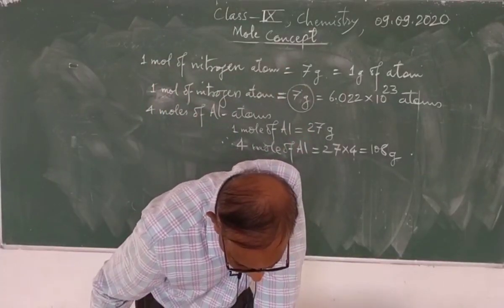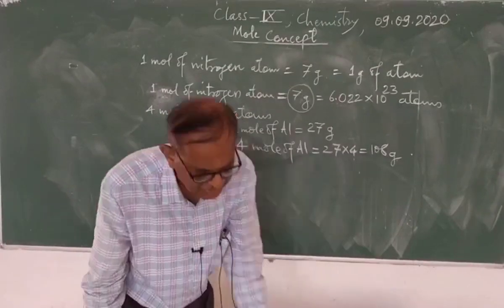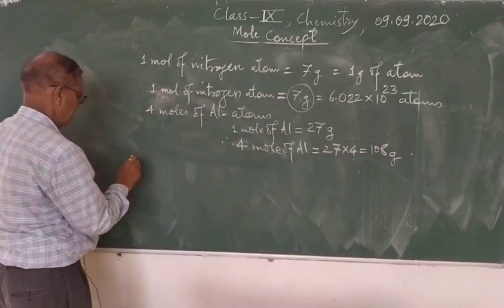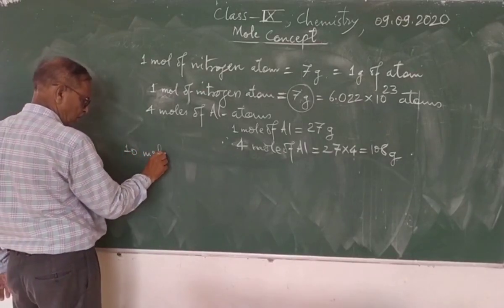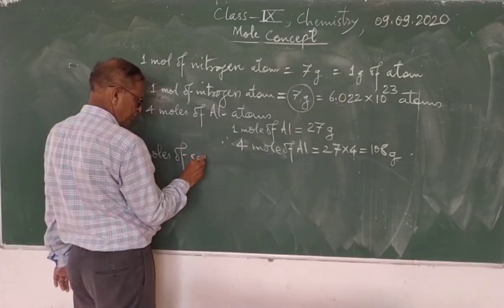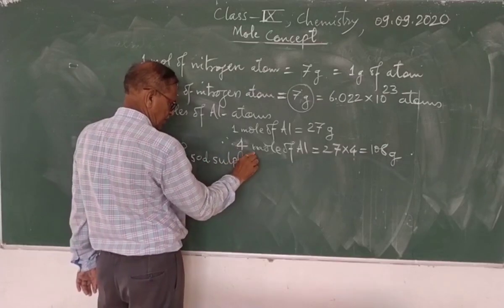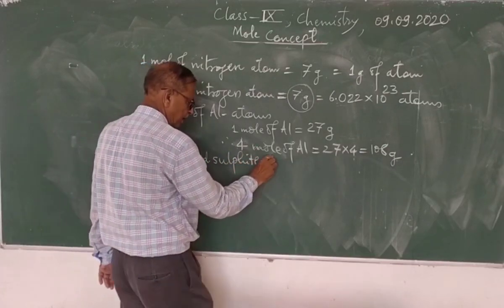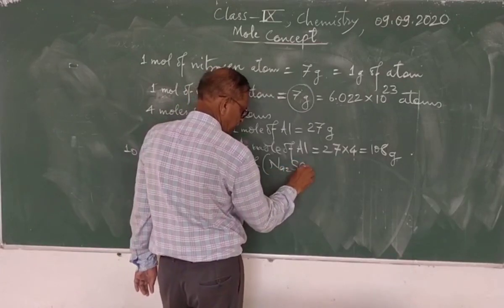Then 10 moles of sodium sulfite, formula Na2SO3.